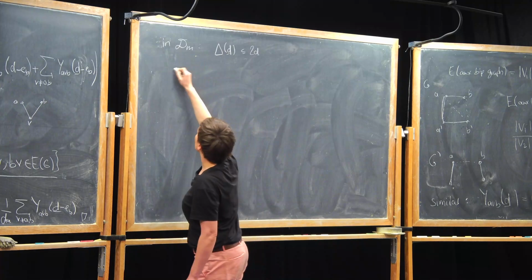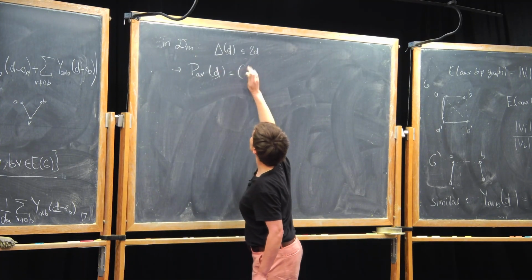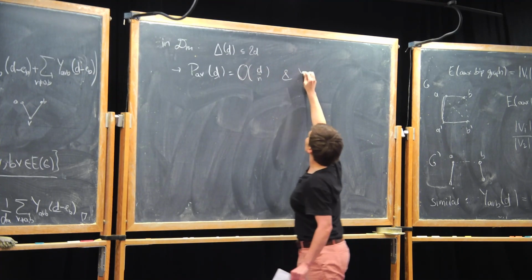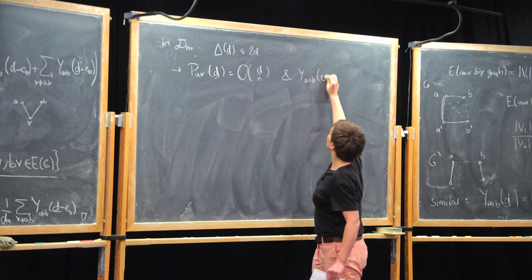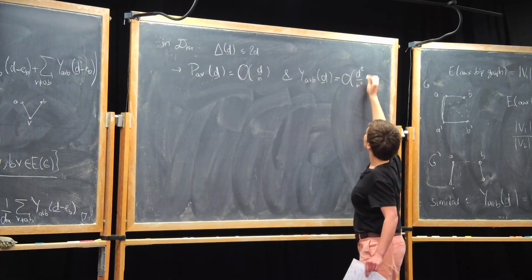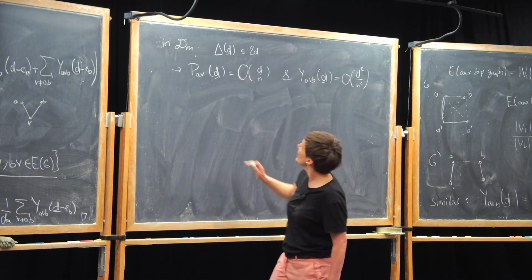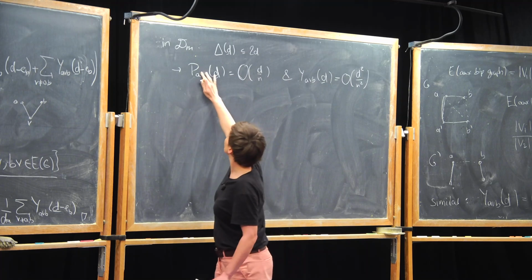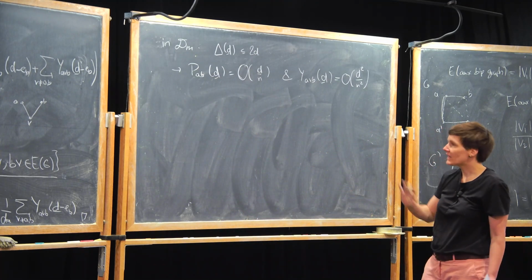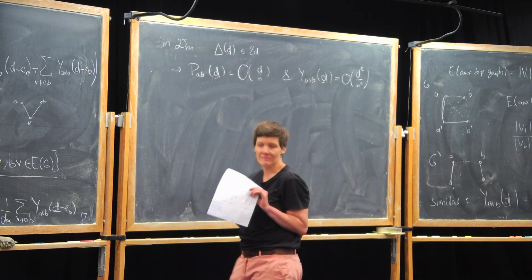So in fact, in dm, we get that the PAV of some degree sequence is big O of d over n, and YAVB of d is big O of d squared over n squared. This is PAB, presumably. It doesn't matter, but you always fix your indices and you say for all distinct AB.